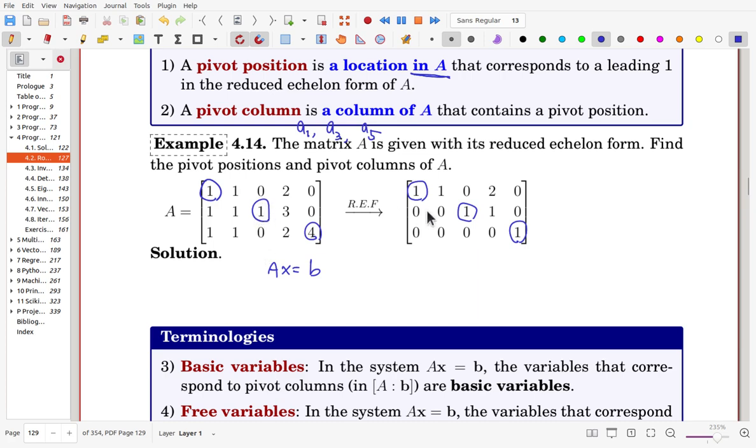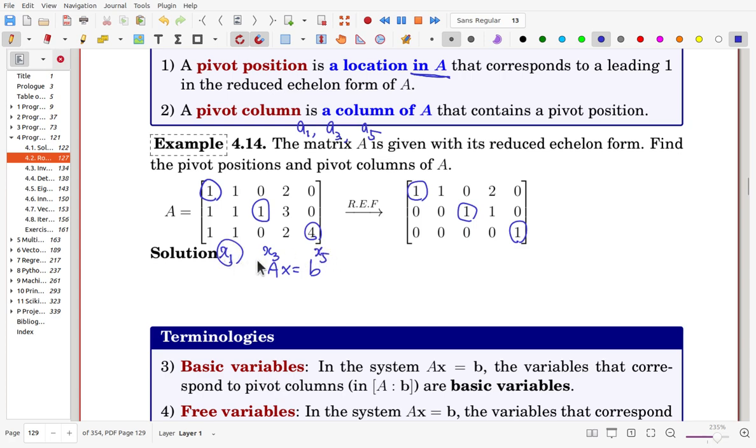Here we can see the first column, third column, and fifth column are pivot columns, so the corresponding variables are x1, x3, and x5.